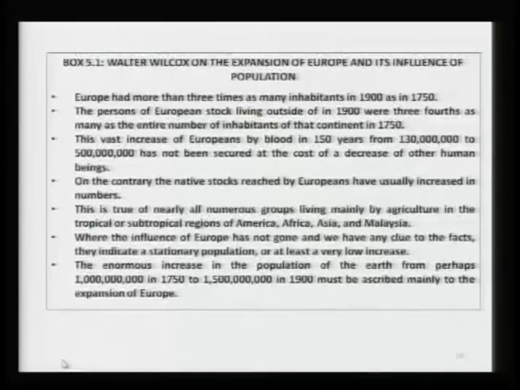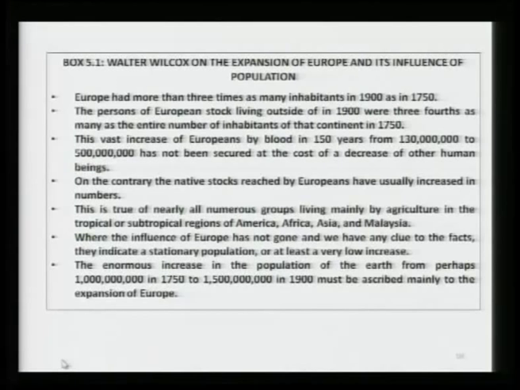On the contrary, the native stocks reached by Europeans have usually increased in numbers. This is true of nearly all numerous groups living mainly by agriculture in the tropical or subtropical regions of America, Africa, Asia, Malaysia, where the influence of Europe has not gone and we have any clue to the facts. They indicate a stationary population.